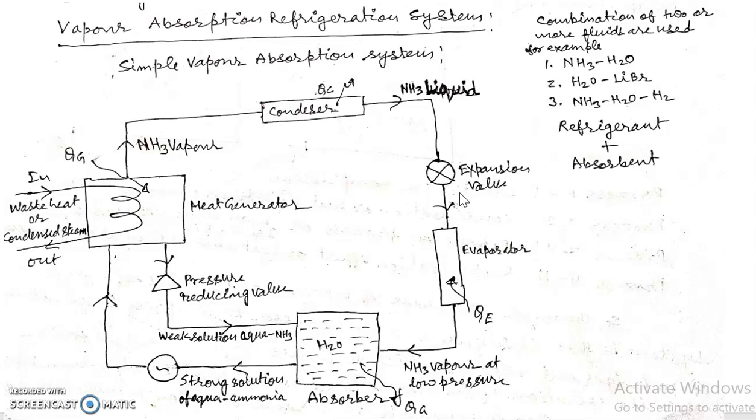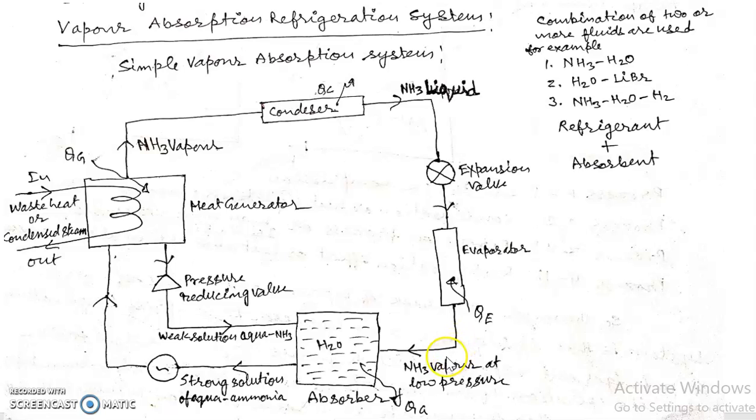After the expansion valve, the two-phase mixture is passed through an evaporator, a device used to absorb the heat of the system which is to be cooled. Here it absorbs heat QE. After getting this heat, the refrigerant becomes vapor, and these ammonia vapors are at low pressure.